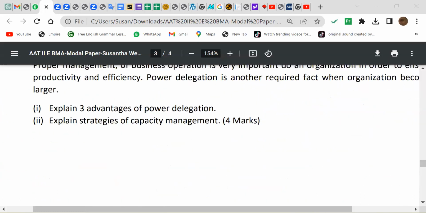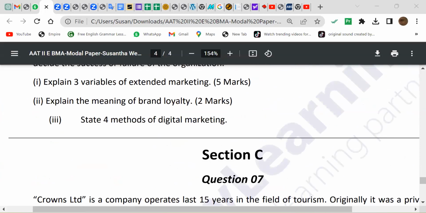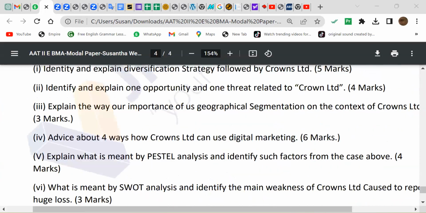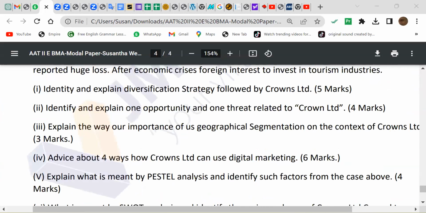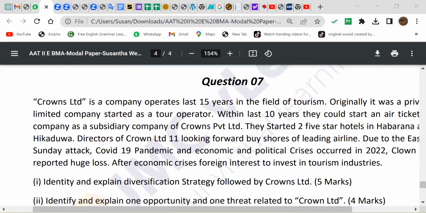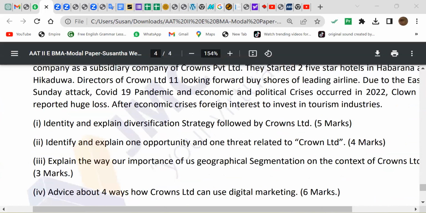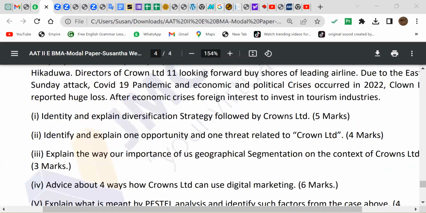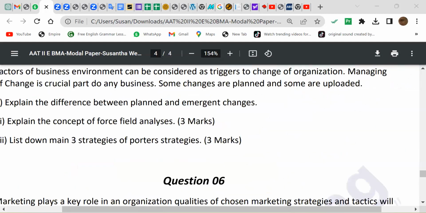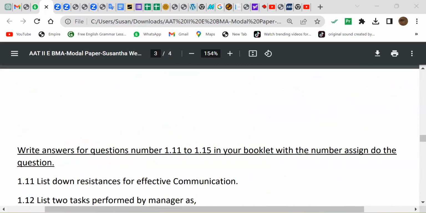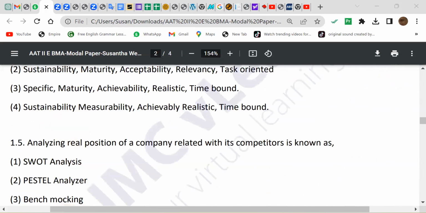Each question focuses mainly on one special matter, one special topic. But in Section C, all the knowledge you have gained through this BMA curriculum must be used to write the 7th question. So you have to go through the entire syllabus, but you are not supposed to answer any questions out of the syllabus.